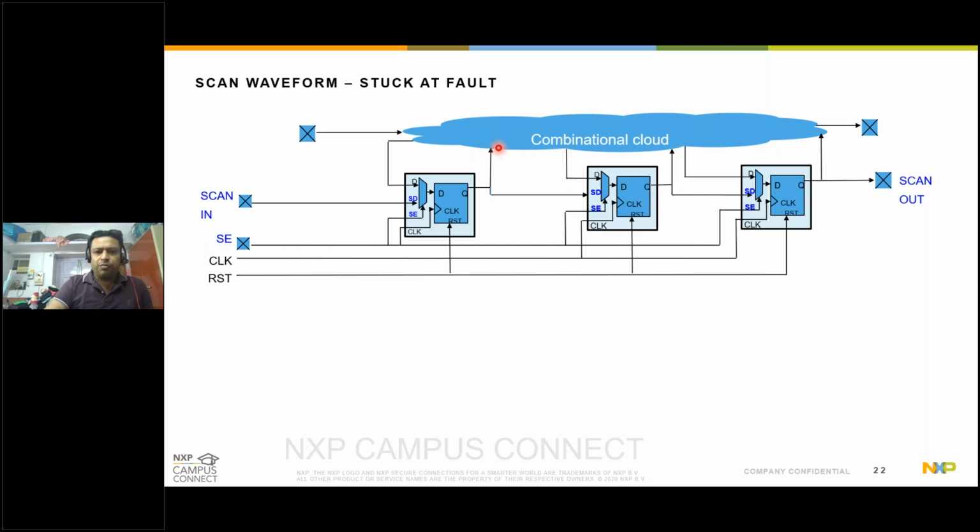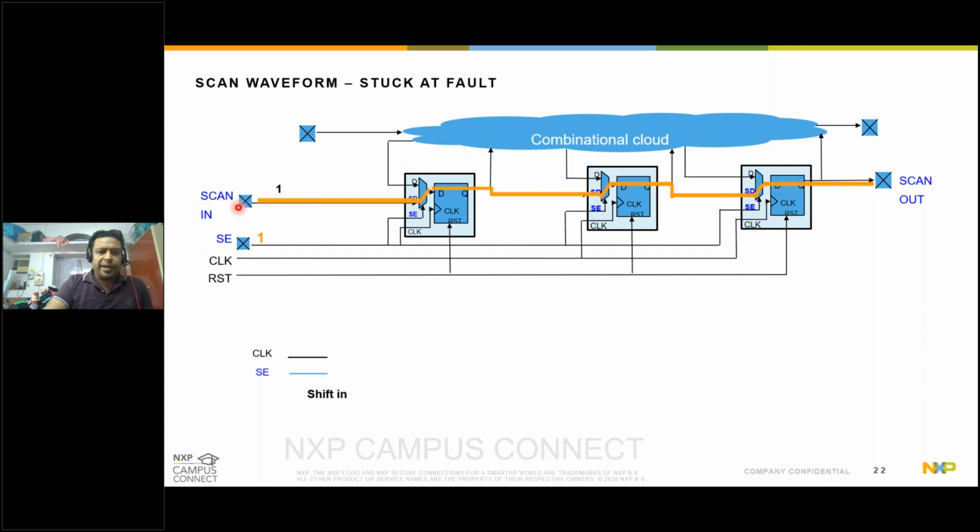Now, what I need to do is control the internal nodes of this combinational cloud using these scan inserted flops, and capture the response coming from this combinational cloud again into this shift register. So my first step would be to go into a shifting mode where I assert my scan enable pin to activate my shift register path.